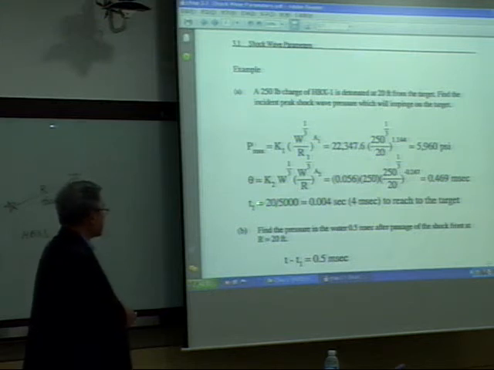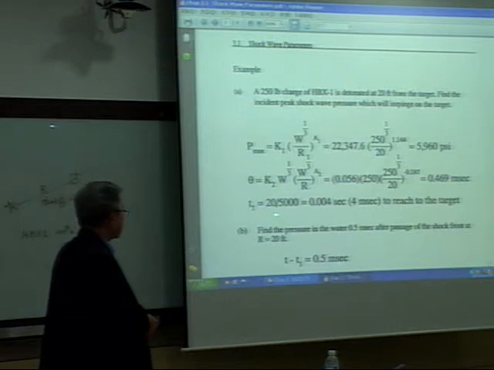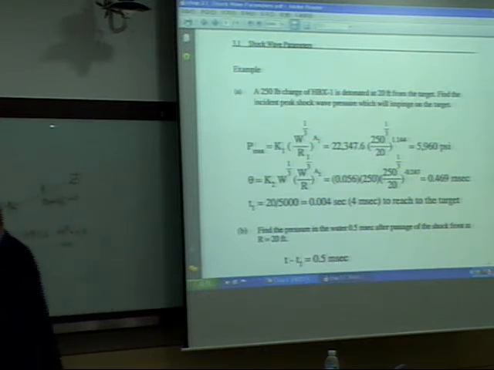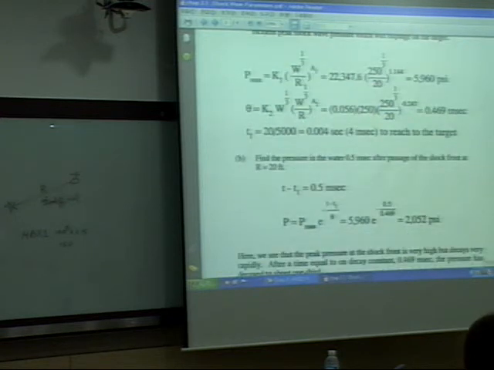It said 5,000, this is feet per second, and 20 feet, so you have 4 milliseconds. So T minus T1 is shifting the coordinates, so that's what you'll do here. And you know this equation, right?